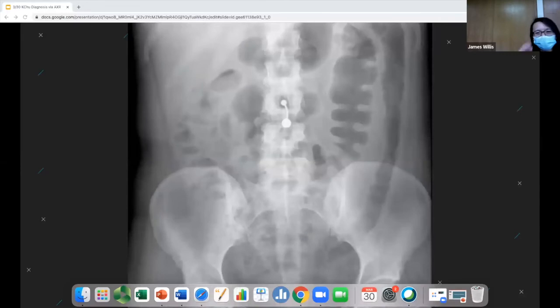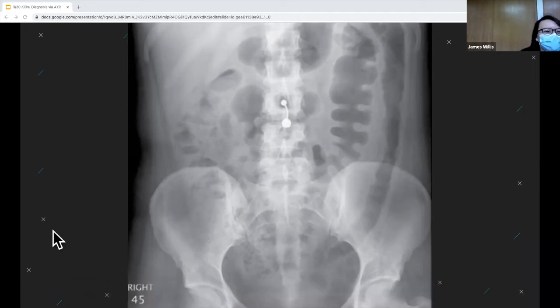Okay, Spencer. This one's kind of hard, actually. So there's not really air, but you can see there's colonic wall inflammation, you lose the normal haustra as well, and there's a thumbprint sign.